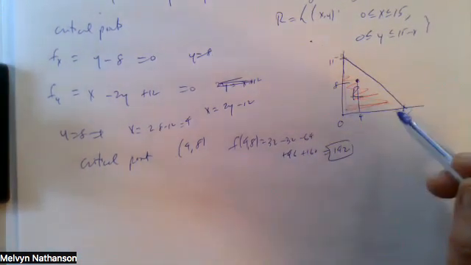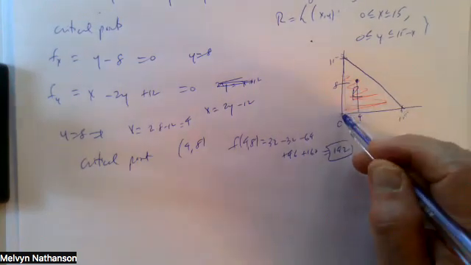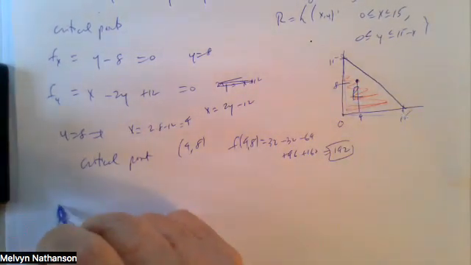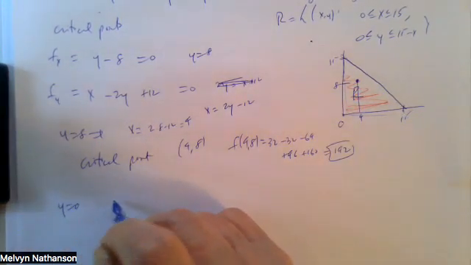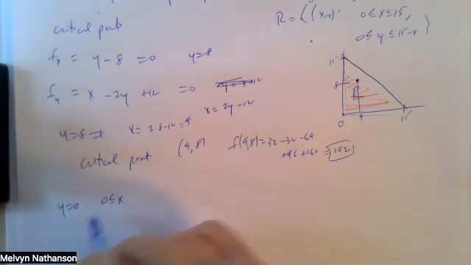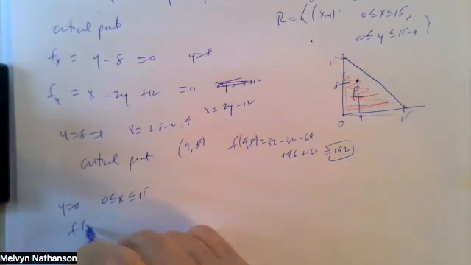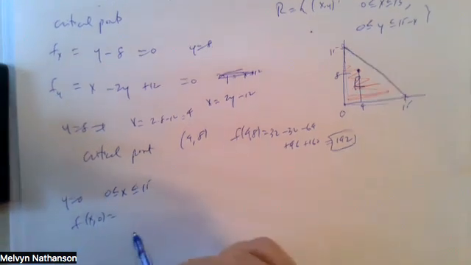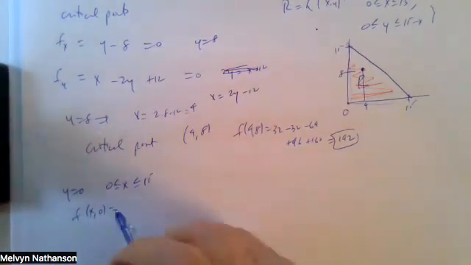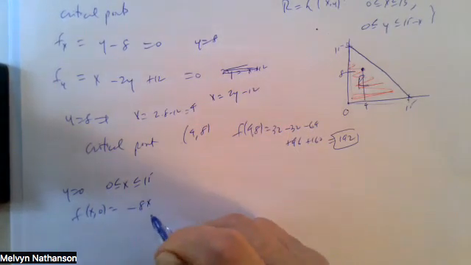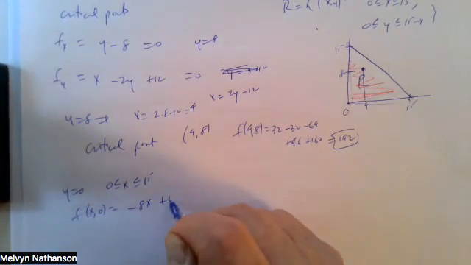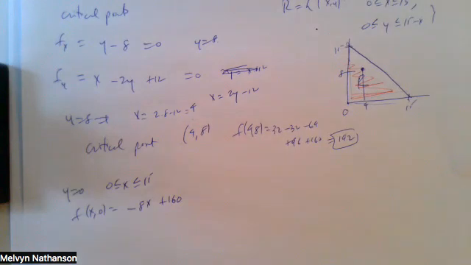So the boundary consists of 3 lines. So you have this line, y equals 0, and x between 0 and 15. So f of x comma 0, when y is 0, my function is minus 8x plus 160.